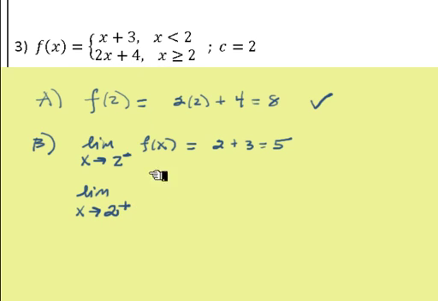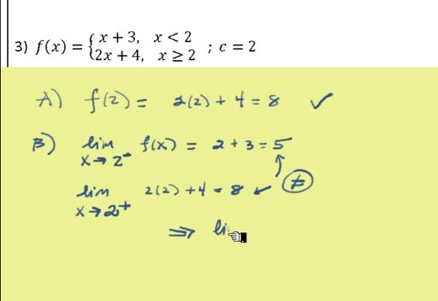Just substitute it into here, and we have 8. These are not equal. So we say the limit as x goes to 2 does not exist. So B is not true, so we conclude no, not continuous.